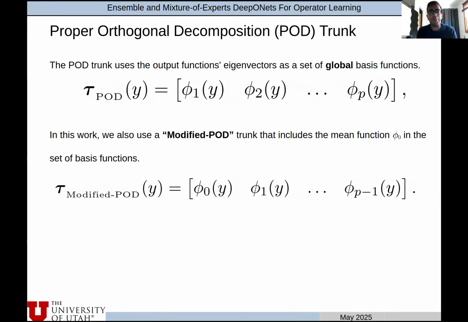In this work, because of what I'm about to describe in the ensemble architecture, we also included the mean function from the POD decomposition that the original POD trunk did not use. So throughout the rest of the talk, the modified POD means it includes the mean function and the set of basis functions. And the lowercase p here denotes, for example, the number of basis functions, which would have an inner product with the branch neural network, again, that has lowercase p coefficient values as a function of the input functions.